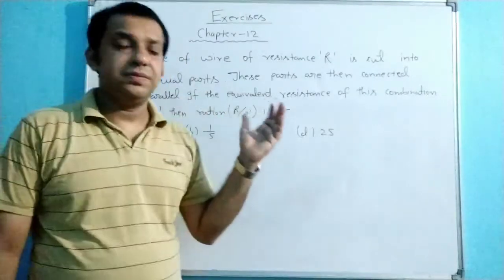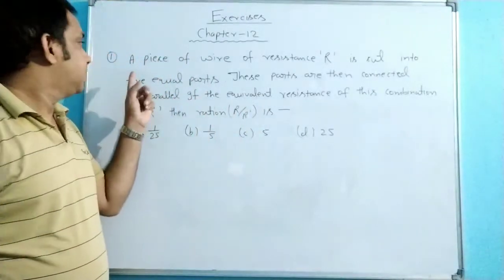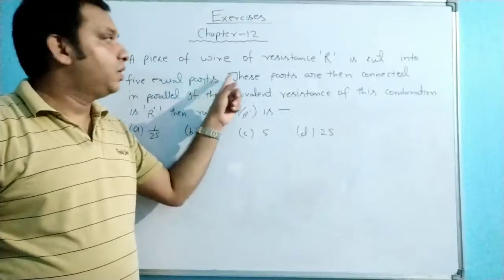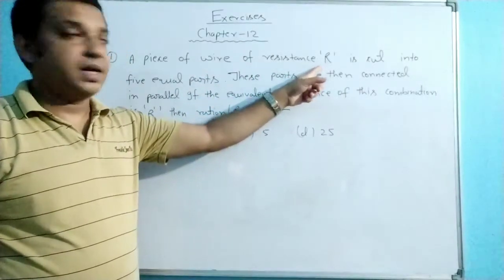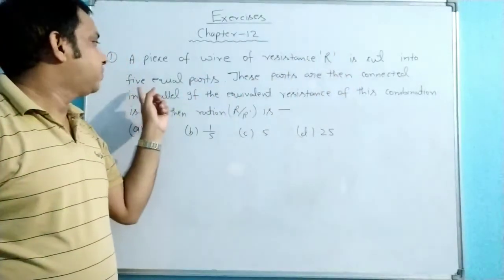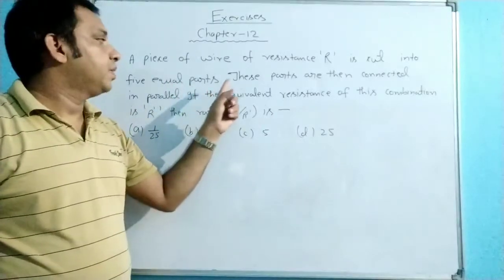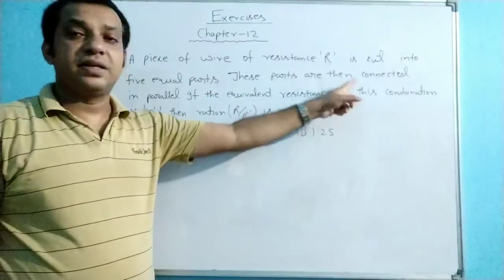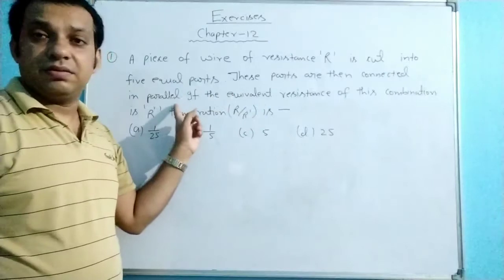See the first question. The first question is given: a piece of wire of resistance R, capital R, is cut into 5 equal parts. These parts are then connected in parallel.